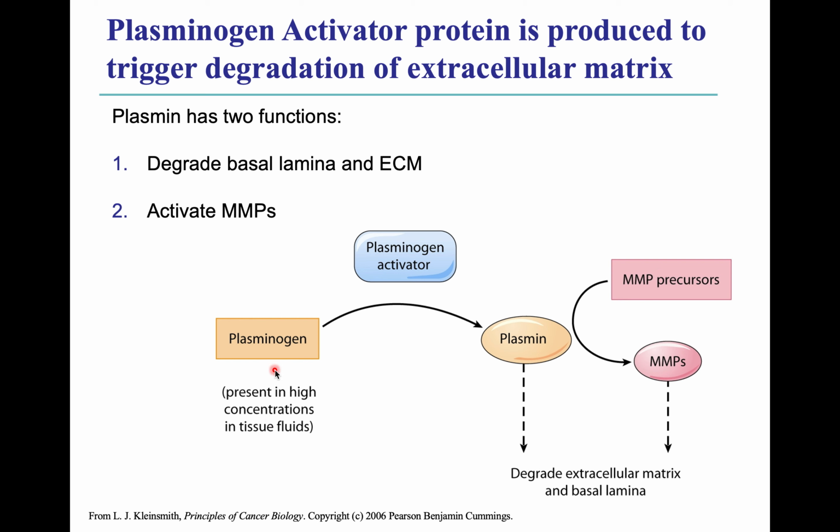But plasminogen is inactive, doesn't really have any biological activity until plasminogen activator comes along, converts plasminogen into plasmin, which is then biologically active as a protease, can degrade extracellular matrix. Plasmin will also convert these matrix metalloproteinase precursors into active MMPs, so basically another second layer of proteases, which will then further degrade extracellular matrix and help chew through that basal lamina.